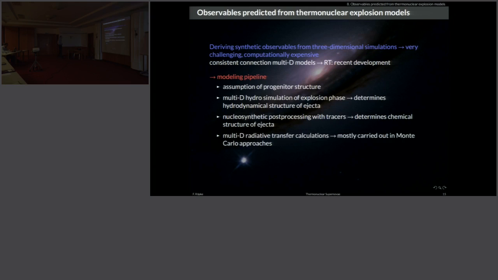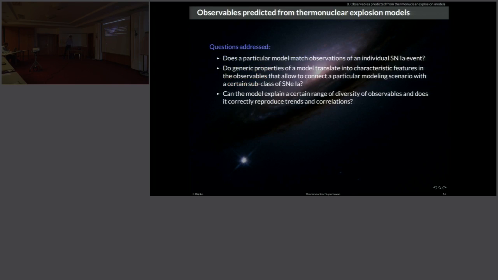And then multi-D radiative transfer calculations can be done on the basis of the hydrodynamical structure determined in the multi-D hydro simulations, like the density profile, and the chemical structure determined in the post-processing step. This allows for radiative transfer calculations, and as mentioned before, this is usually carried out in multi-D for supernova explosions in Monte Carlo approaches.